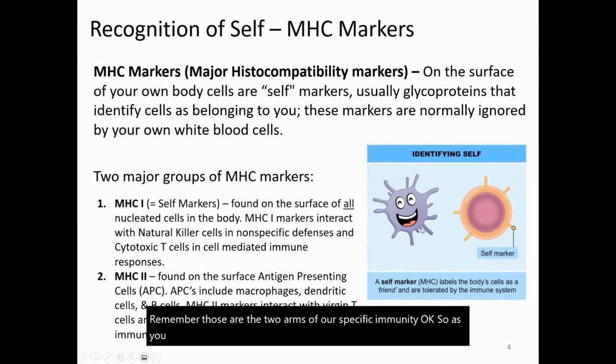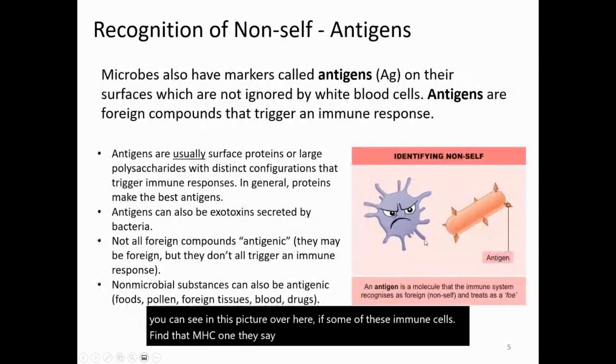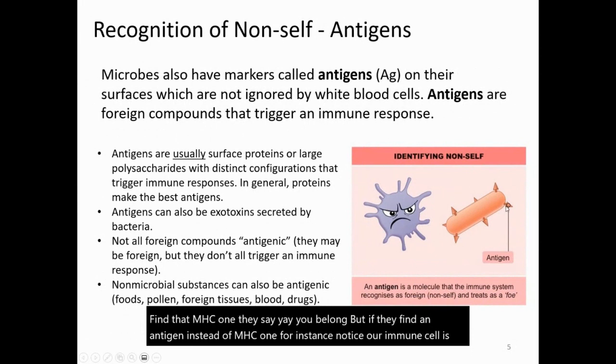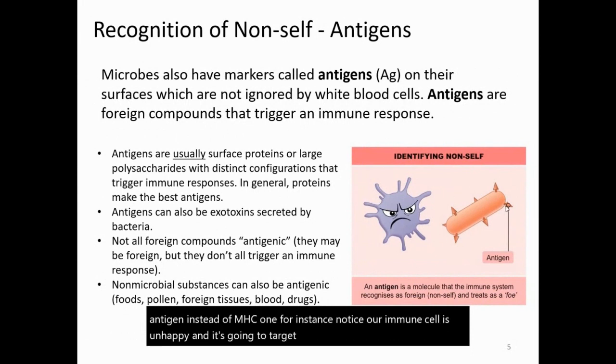So as you can see in this picture over here, if some of these immune cells find that MHC1, they say, yay, you belong. But if they find an antigen instead of MHC1, for instance, notice our immune cell is unhappy and it's going to target it for destruction. So remember, y'all, key takeaway at this exact moment in time, antigen is something the body recognizes as foreign.